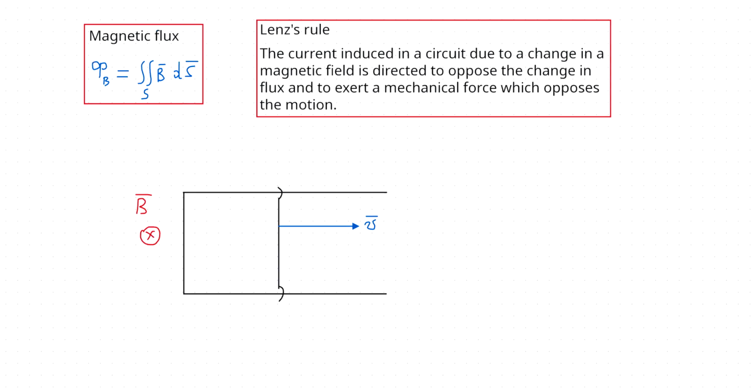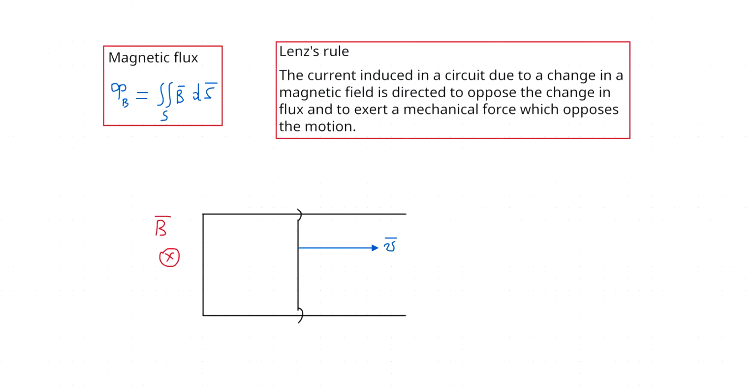And as it is possible to see, we have change in magnetic flux in this situation because of the motion of this stick. Because of this motion, the area of this closed circuit will change in time.